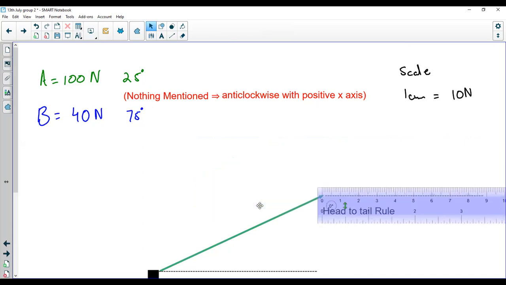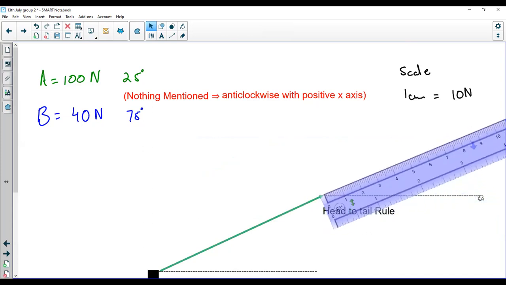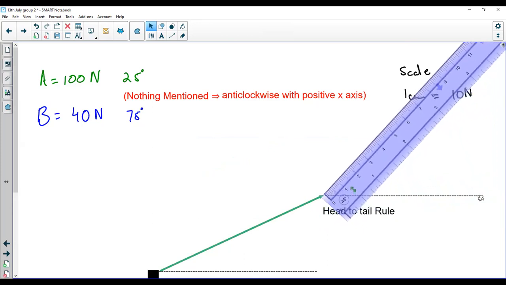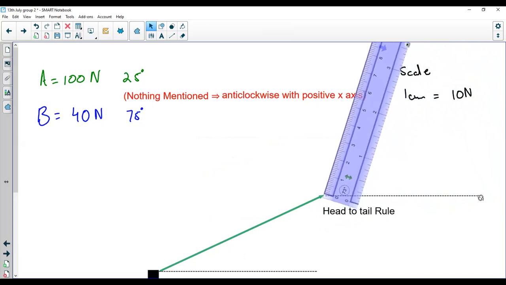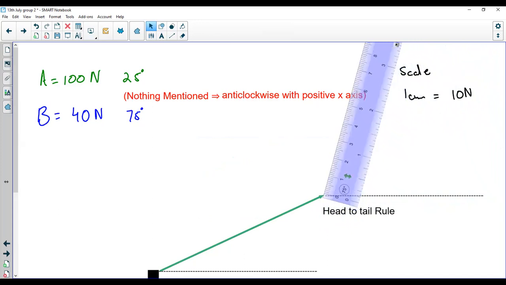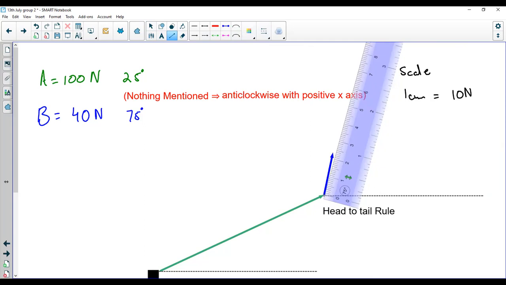I put my scale here and turn it by 75 degrees. I make sure that the 0 is at the head of the first vector, and I draw a blue vector, the B vector, which is 4 centimeter long, to show a 40 Newton vector. Got it? So this is 40 Newton at an angle of 75 degrees.